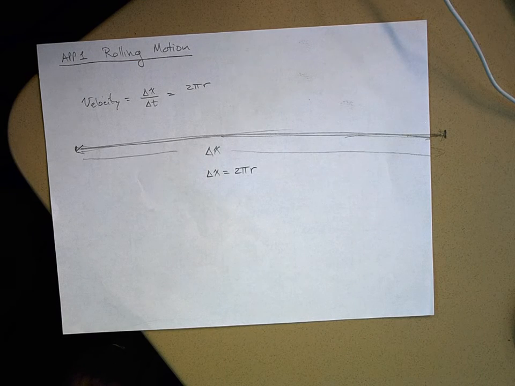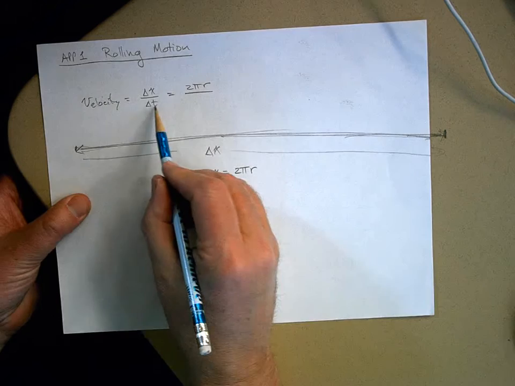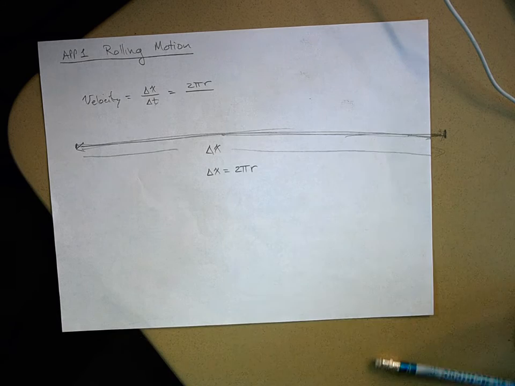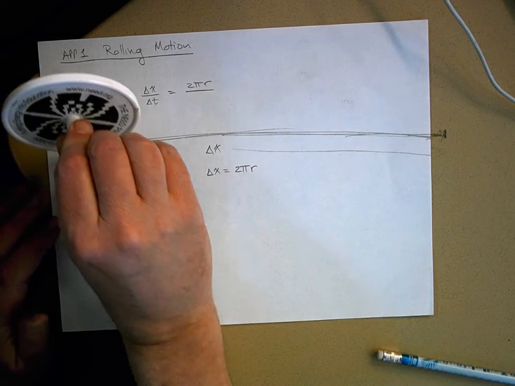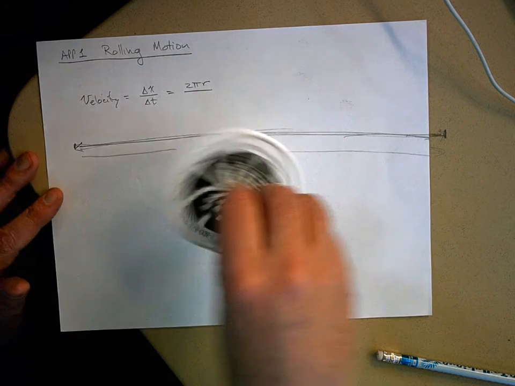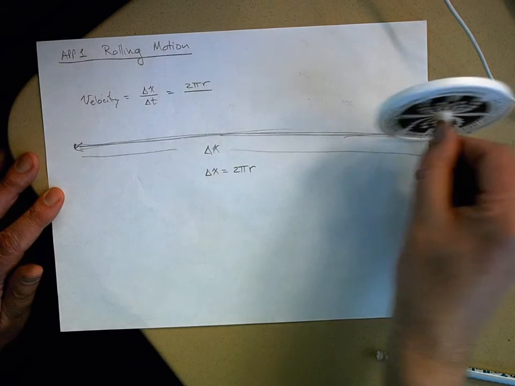But what's true about delta t? Well, it's a very special amount of time, right? If this thing is spinning, what do we call the time it takes to spin around one time?